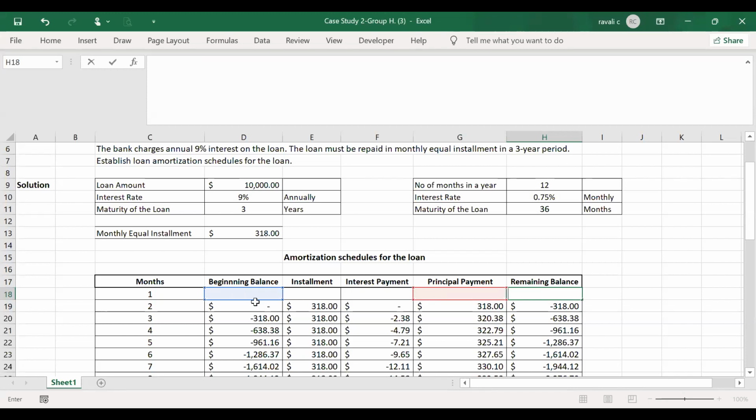The beginning balance of month 1 is the loan amount.